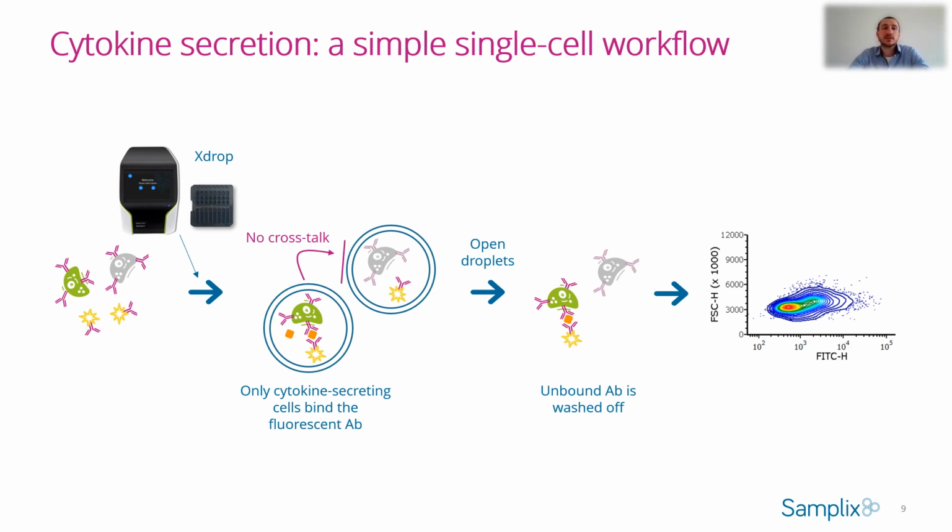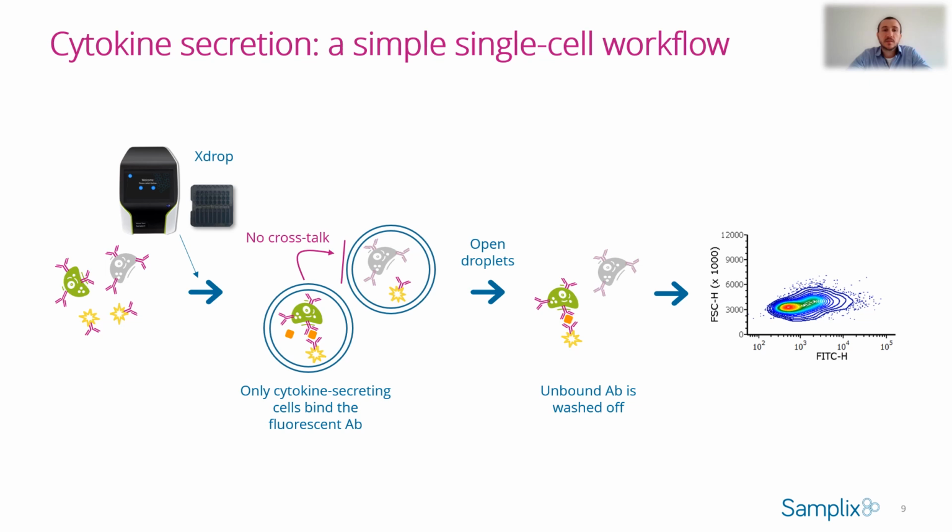You'll take the cells and the different antibodies, and you'll incubate these cells and reagents during droplet encapsulation. So you're encapsulating the droplets, and you'll have single cell encapsulation, where cytokines produced by the cells will be captured by the cells themselves, and then detected by the detection antibody with a fluorophore attached.